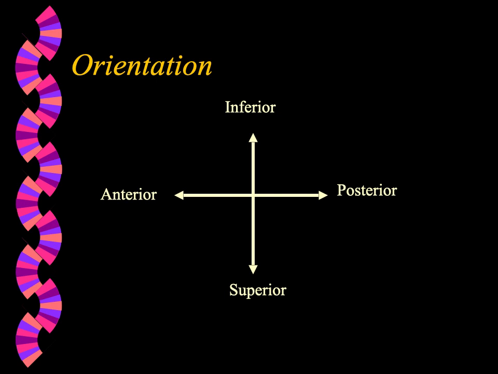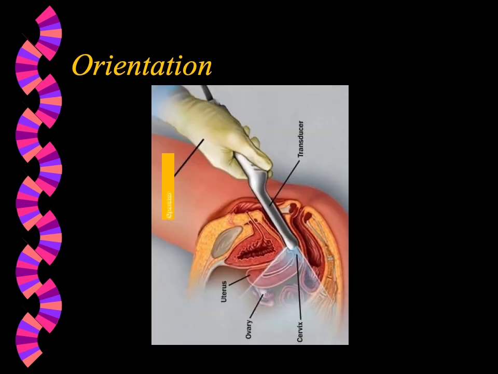So when we look at ultrasound transvaginal images on the screen, the inferior portion of the patient is on the top of the screen, the superior portion of the patient is on the bottom of the screen, anterior is to the left, and posterior is to the right. We're going to put this all together on this next slide, and you can see the probe is still in the patient's vagina, anterior is to the left, posterior to the right, inferior is up, and superior is down.